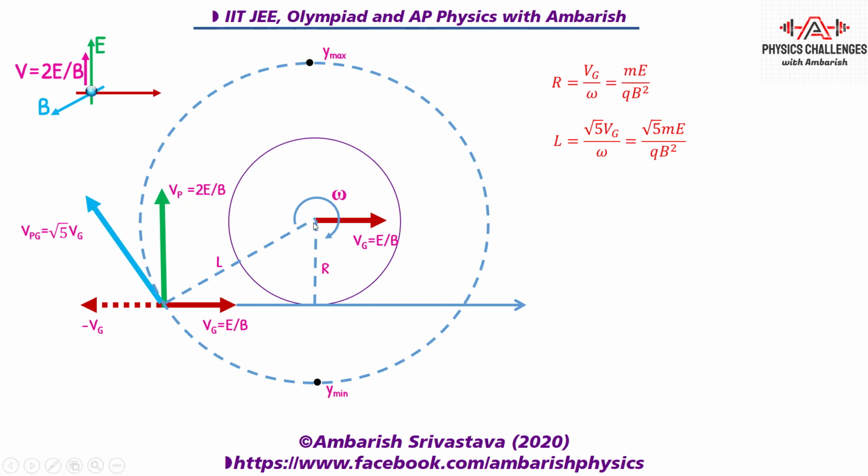You can very clearly see that this distance below the X axis has magnitude L minus R, and the distance from the X axis to the Y max is L plus R. That's what we were supposed to evaluate. So let me present the equation. Y max simply becomes R plus L, that is root 5 plus 1 times ME by QB square, and Y minimum becomes minus L plus R, because it's in the downward direction. So that's our final answer.